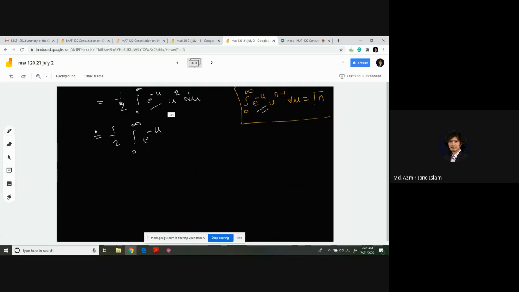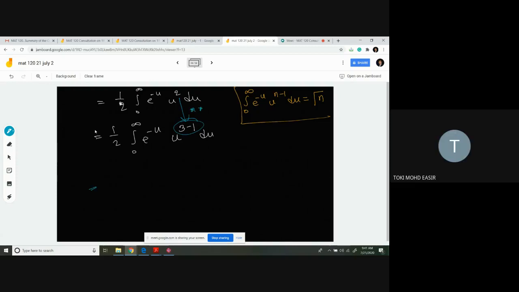The only change we need is that we can see n minus 1, so to get 2 we can write 3 minus 1, isn't it? Yes, sir. That is the thing you have to do here. Often you make a mistake in this part, but this is important. This is called the gamma function.